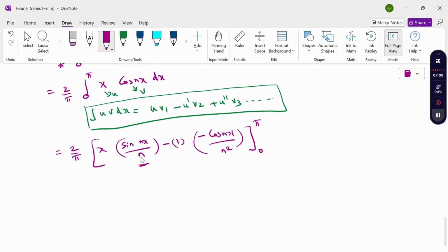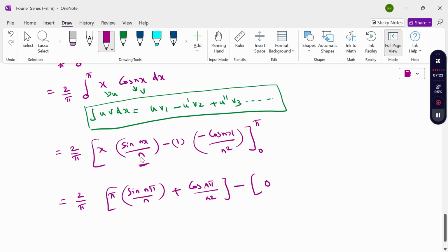So substitute the upper limit and then the lower limit: 2 by pi into sin n pi by n, then minus, plus cos n pi by n square, this is the upper limit, minus the lower limit, 0 into any term is 0, plus cos 0 by n square. And sin n pi is 0, cos n pi is minus 1 power n, cos 0 is 1.